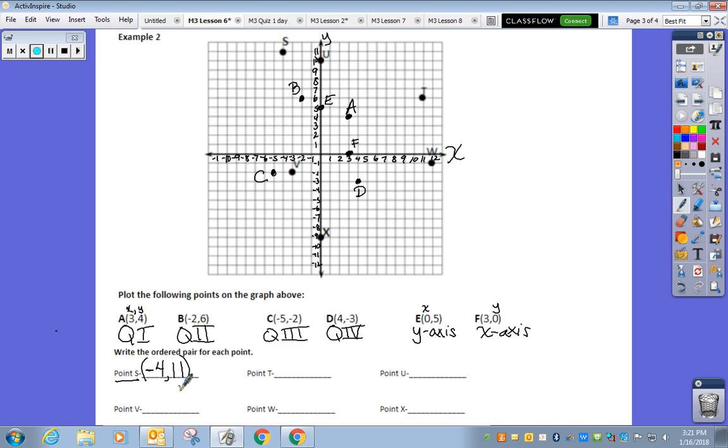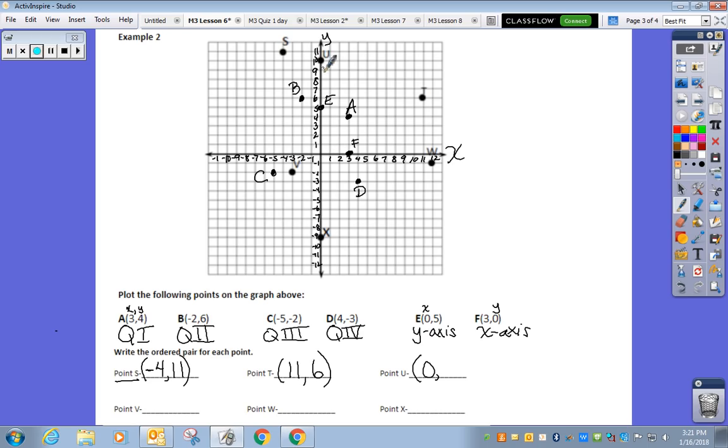Point T is located right here. From the origin, I have to move over to positive 11. From point T, I have to go to positive 6 on the y-axis, so it's 11, 6. Point U is located right here. I'm not moving over at all to get underneath this, so that means that my x coordinate is 0.